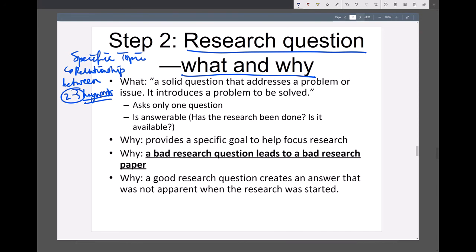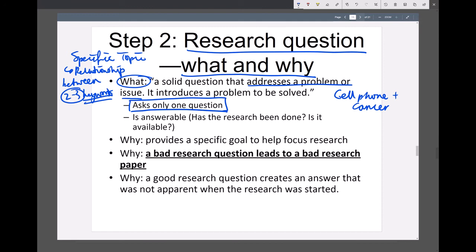So for example, the question what? This is a solid question that addresses a problem or issue. So for example, if we have cell phone and cancer, you want to ask a what question, and try to ask one question at a time.